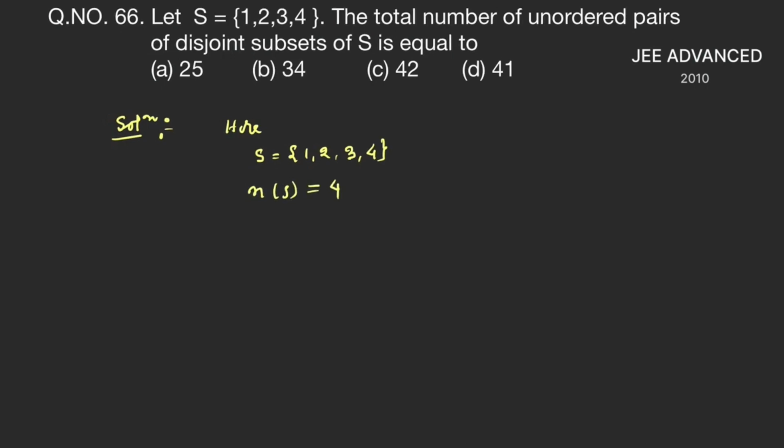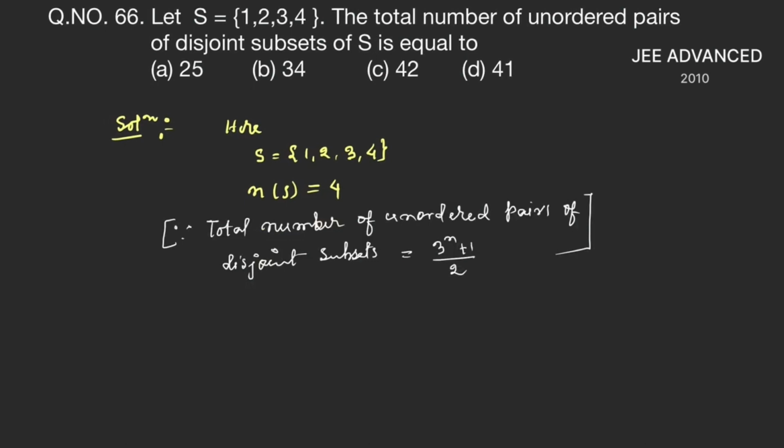So we have a formula to find the total number of unordered pairs of disjoint subsets, which is equal to (3 raised to power n plus 1) divided by 2. Here n is equal to the number of elements.